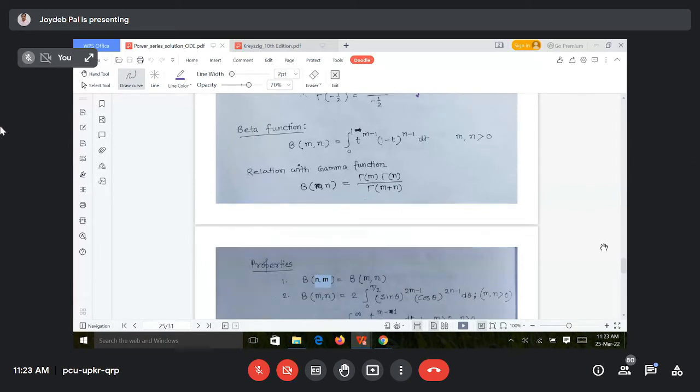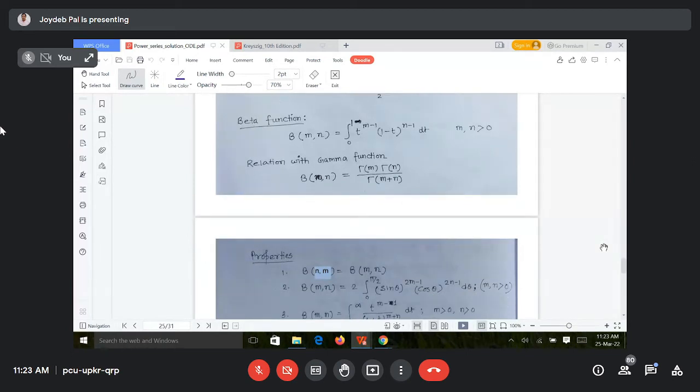Okay, now another special function, which is the beta function. In the beta function there are two parameters, m and n. In the gamma function we have seen it has one parameter alpha, but beta is a special function having two parameters m and n.